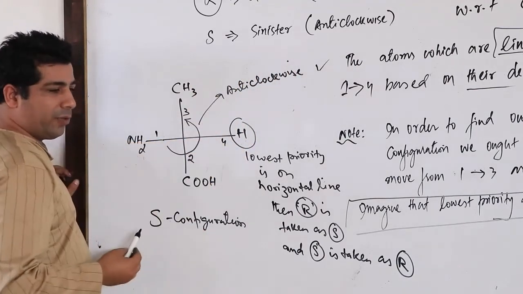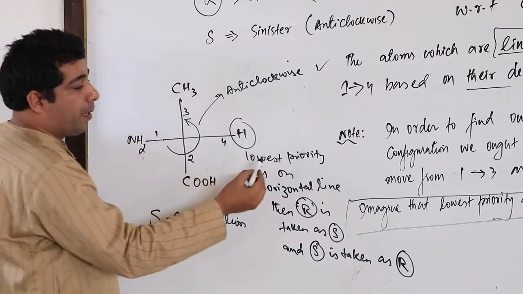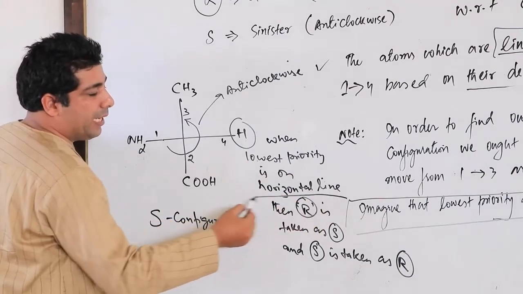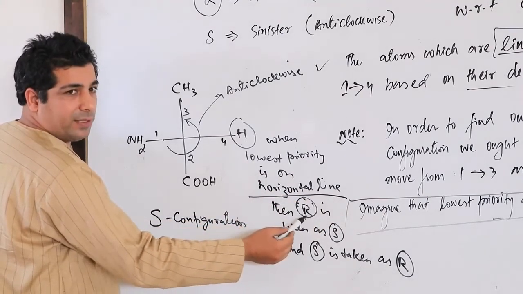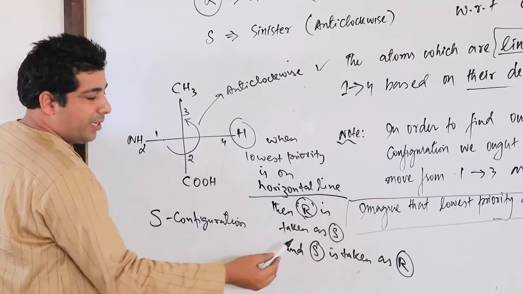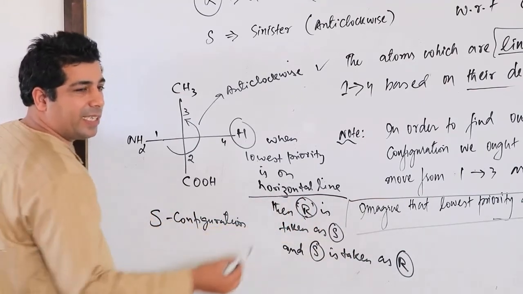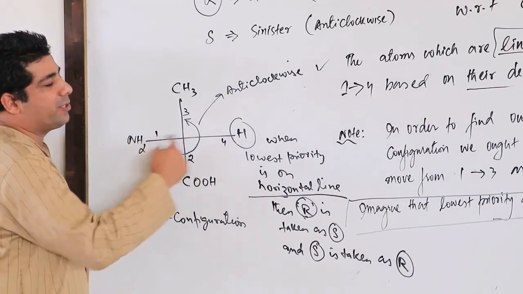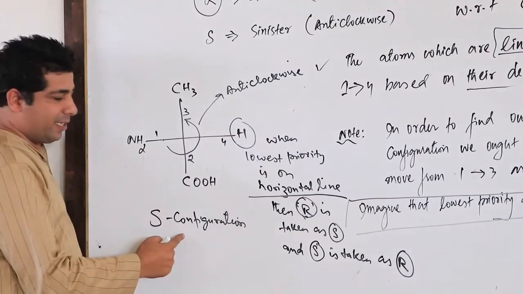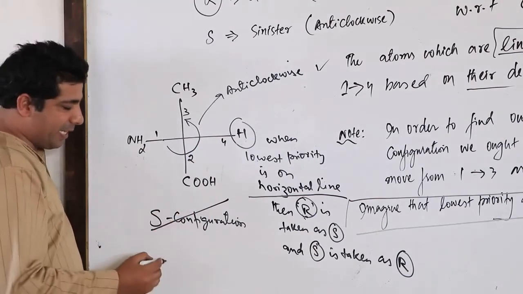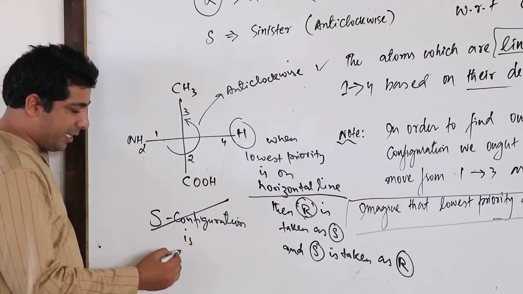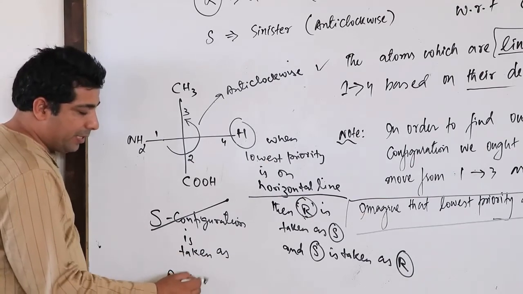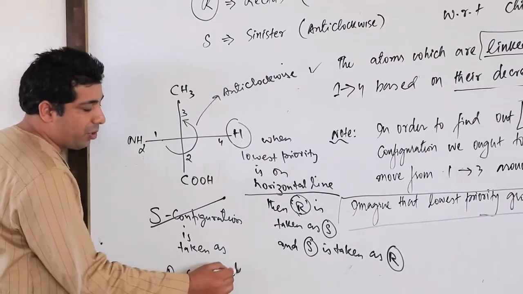But I told you, when lowest priority is on horizontal line, if you get R, it will be taken as S. If you get S, S will be taken as R. What you got? You got S. And lowest priority is on horizontal line. So when you got S, it will be cancelled and S will be taken as R. So our answer is R configuration, not S.